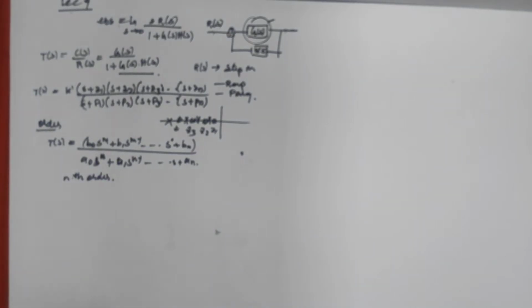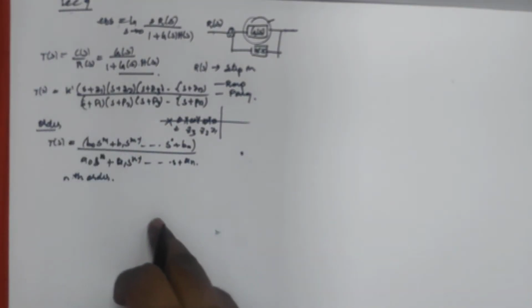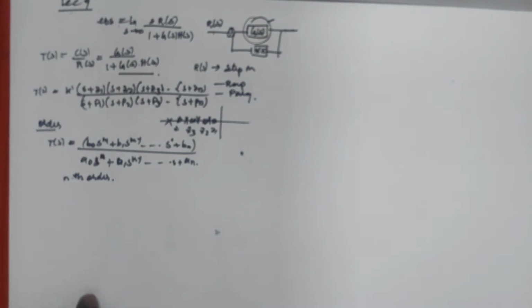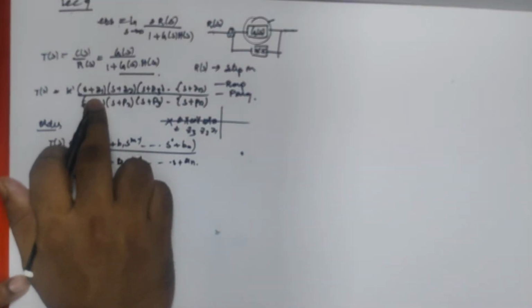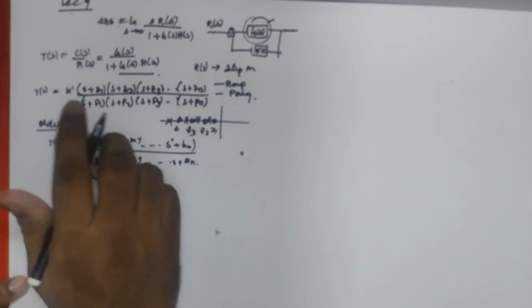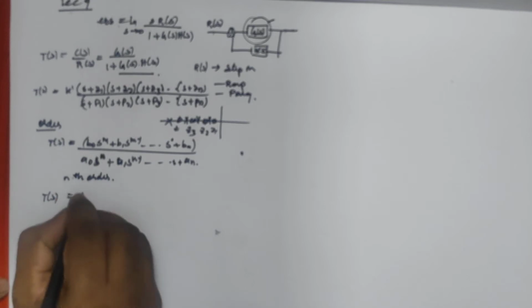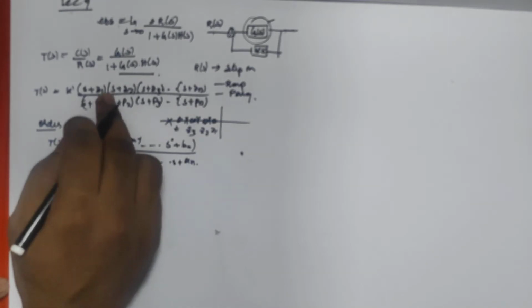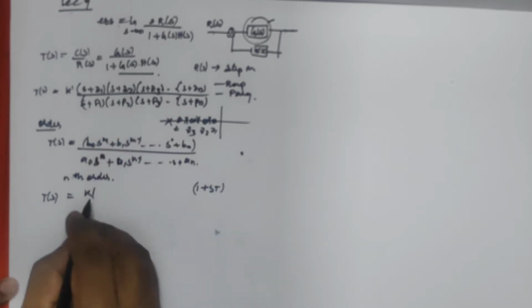Now if I write this system in time constant form, that means taking the z terms all at once and representing the system, I write T(s) equal to K into, so I'm making the 1 plus sT form.